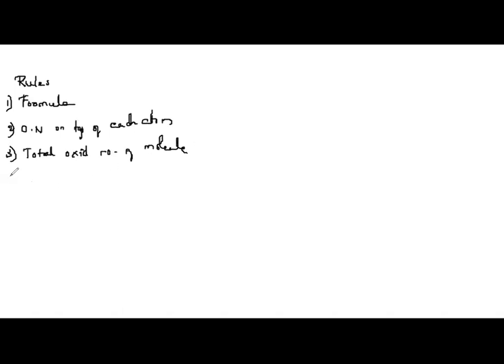Fourth point, how to write the total oxidation number? When you are writing the total oxidation number of each element, multiply the oxidation number with the number of atoms. If there is only one atom, the oxidation state into 1. If there are 2 atoms, the oxidation state into 2. And go on doing the summation of it. Next step is to equate the sum of the oxidation numbers.